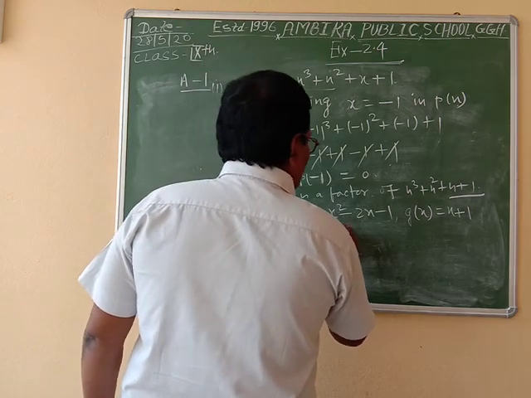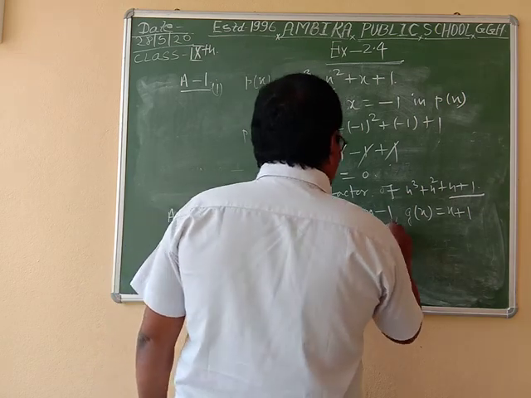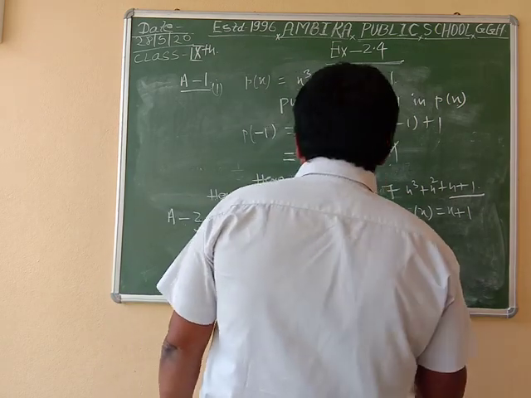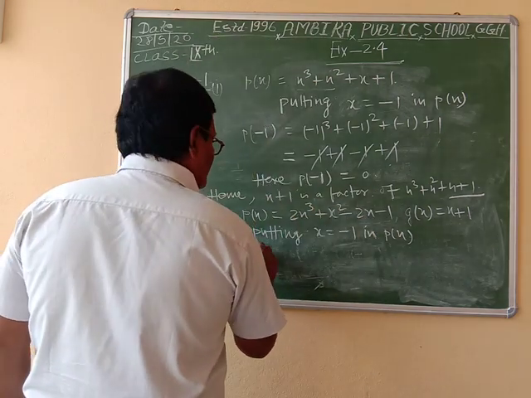Putting x is equal to minus 1 in px, we get p of minus 1.